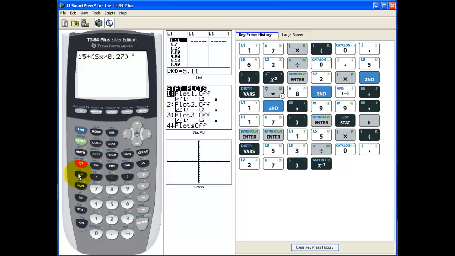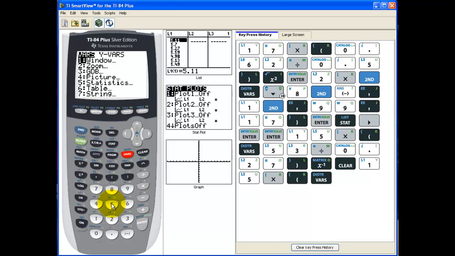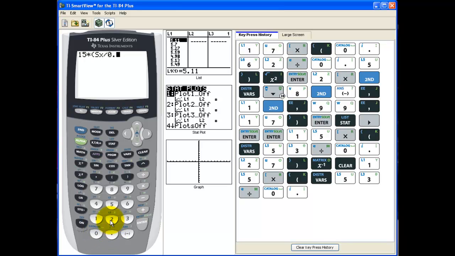Or, well, I keyed that wrong there. Unfortunately, I've got to rekey that. So it's 15 times S sub x, vars menu, number 5, number 3, divided by 0.27 quantity squared. So there's my test statistic right there.